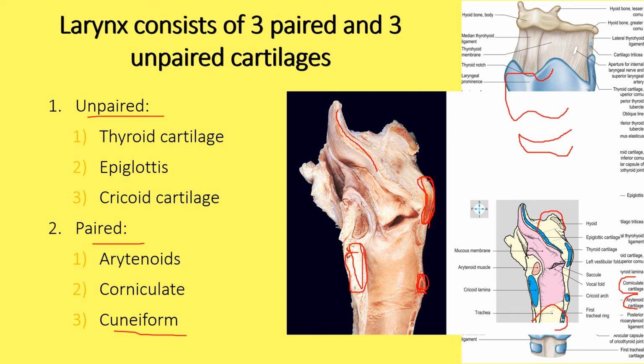This is the thyroid, this is cricoid, anterior and posterior cricoid cartilage, and this is your epiglottis. But we cannot see the small cartilages in the cadaveric picture.